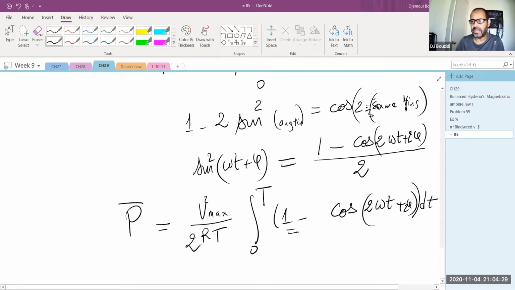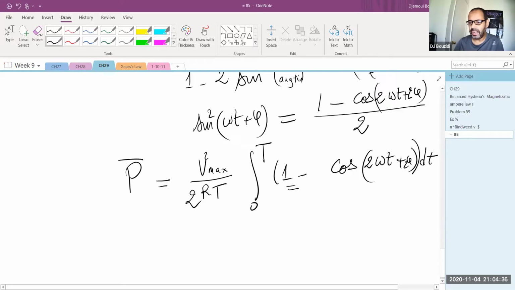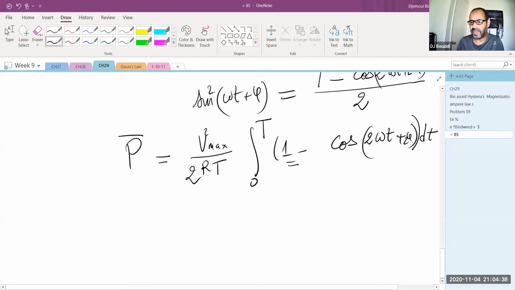The integral of 1 from 0 to T gives me T. And the integral of a cosine is a sine divided by the argument's coefficient, so this gives me negative, because of the negative in here, 1 over 2 omega times the sine of 2 omega t plus 2 phi.